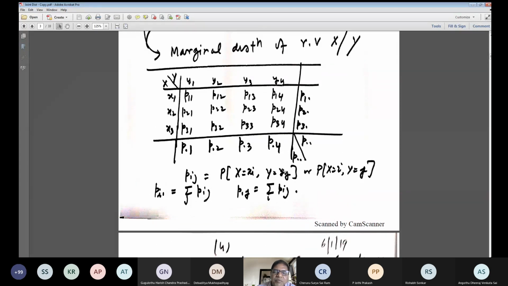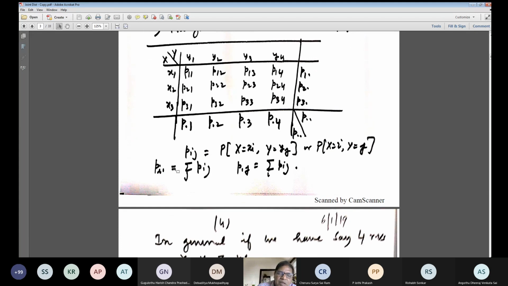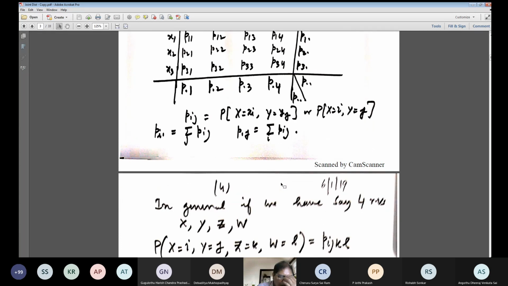Here we are dealing with two random variables. If the number of random variables increases, say X, Y, Z, these notations help you write things. Of course, with three random variables we cannot represent it in tabular form, but still these notations help us in deriving various results.